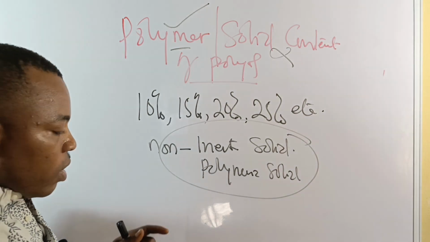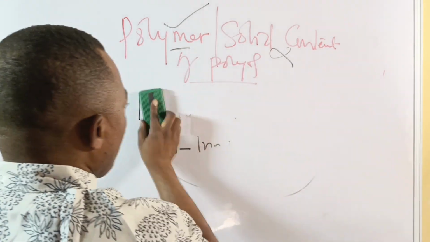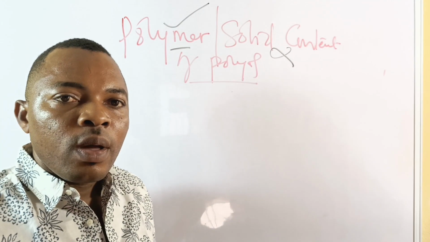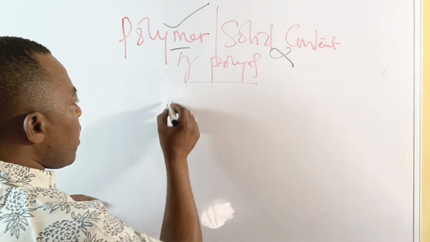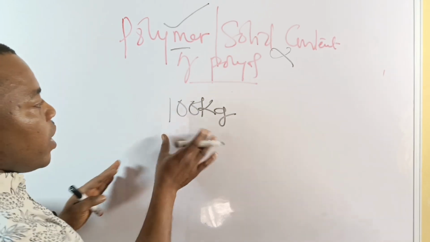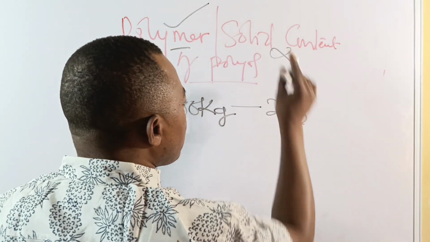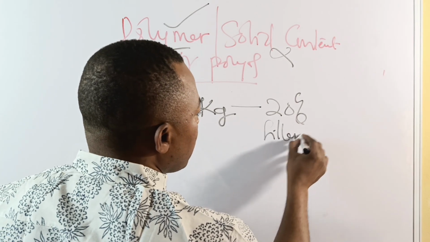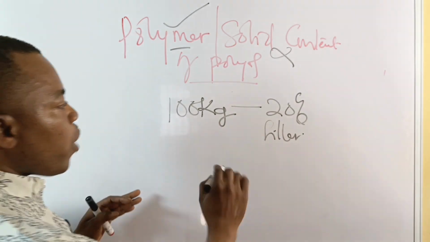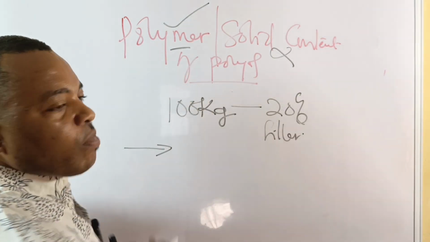How does this thing work? This one works this way. For example, if you have a polyol, let's say 100 kg, you need to introduce 20% of this filler, that is calcium carbonate that does not react. What you do is you substitute 20 of this and replace it with this.